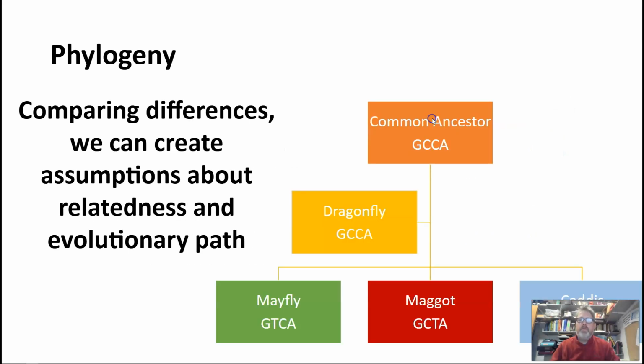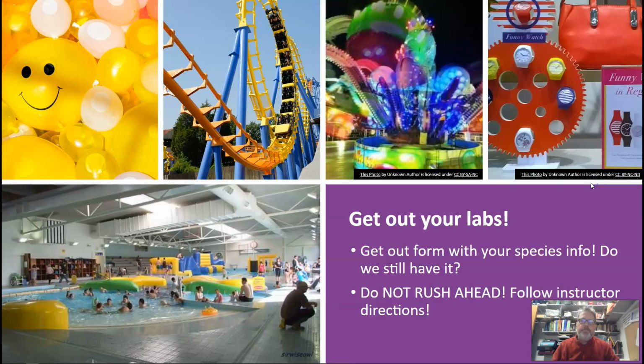So we start with our mayfly, we can compare our differences, and we can come up with assumptions about how related each of those are and what their evolutionary path is. So we've got this common ancestor bug. We can see that our dragonfly is most closely related and that our mayfly, our maggot, and our caddisflies are all equally distantly related from that common ancestor. And we can get an idea of what their evolutionary relationships are.